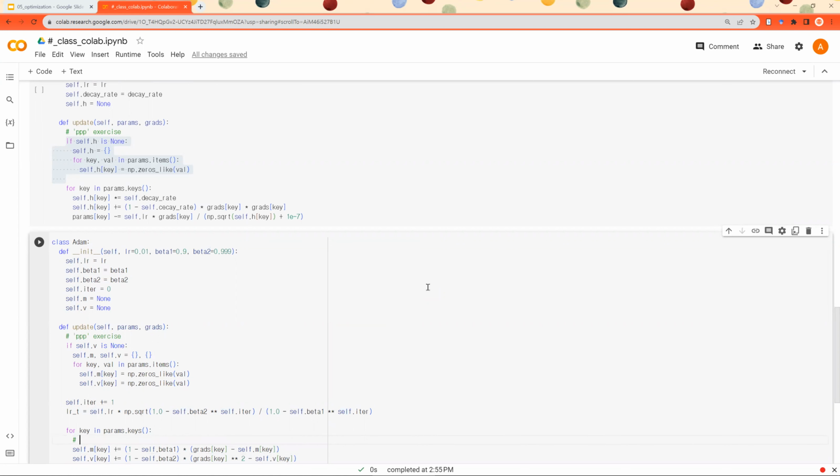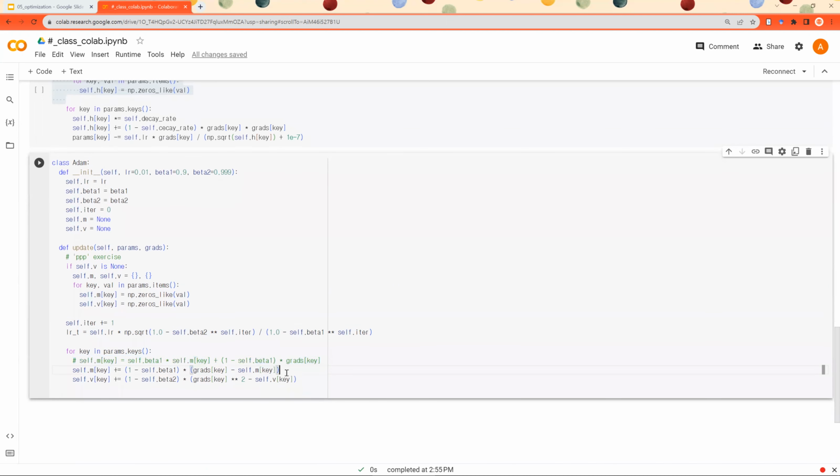Or you can implement this in this way: self beta 1 times self M key plus 1 minus self beta 1 times grads key. You can take either of these options. However, the first line, the commented line, is equivalent to this line.